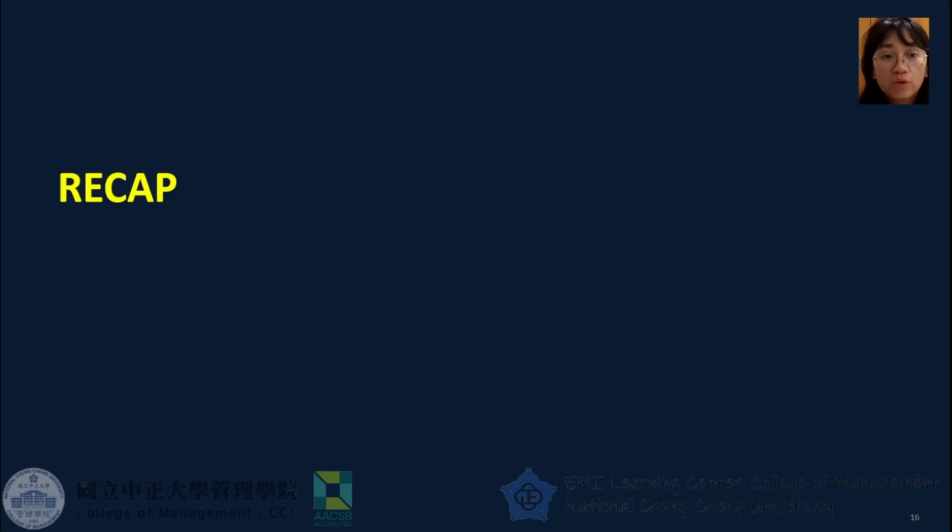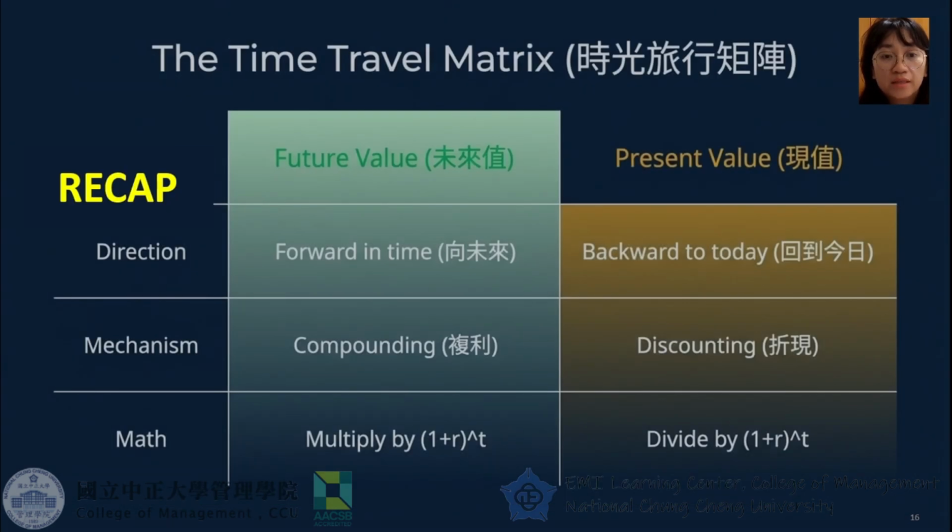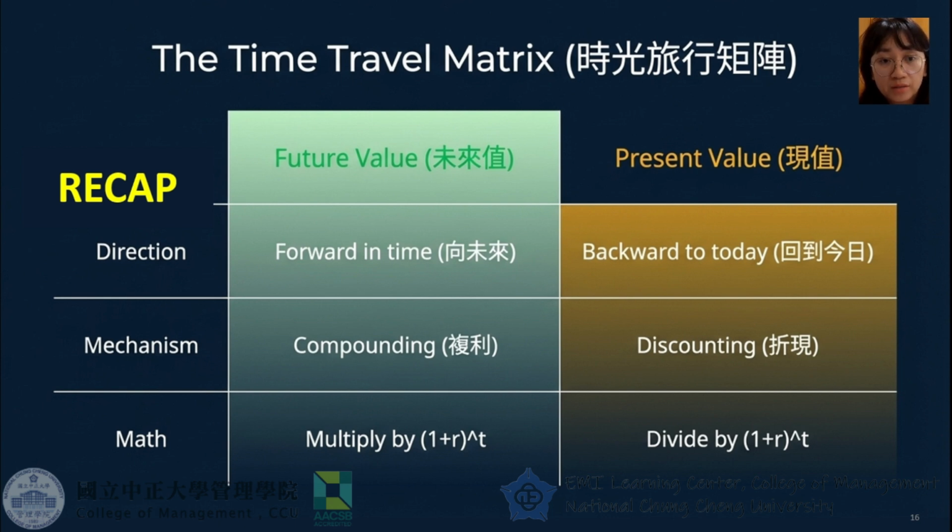Okay, to recap what we covered today, look at this time travel metaphor. When we move forward in time, we are looking for future values using the compounding process. Future value equals present value multiplied by 1 plus r raised to t periods. When we move backward to today, we are looking for a present value using the discounting process.